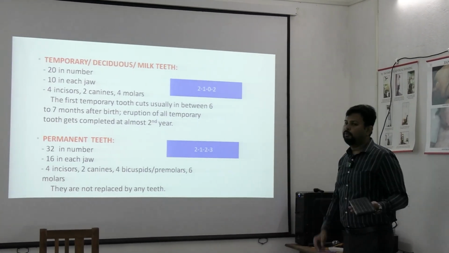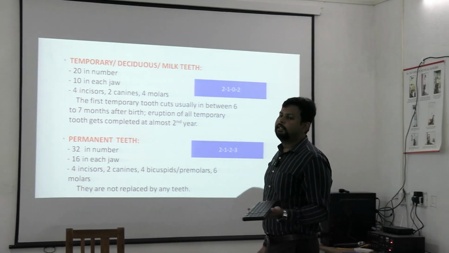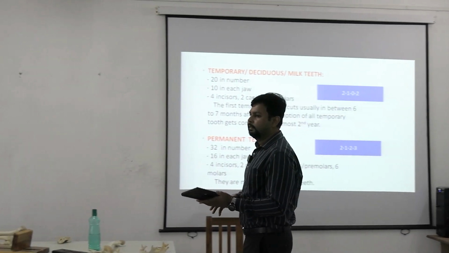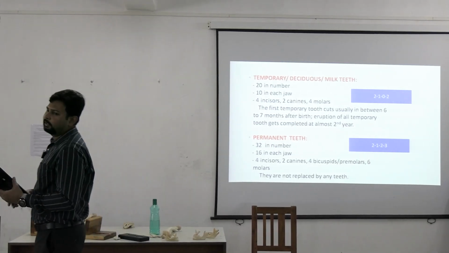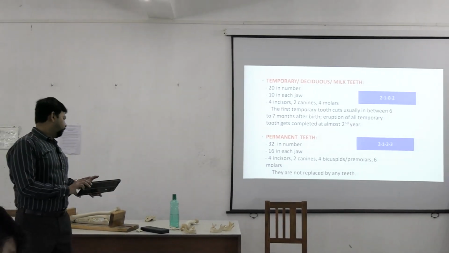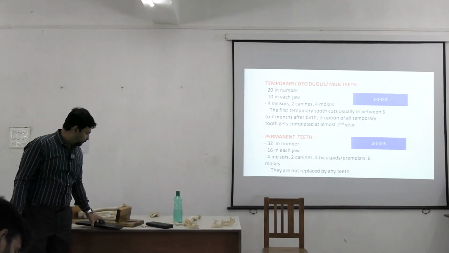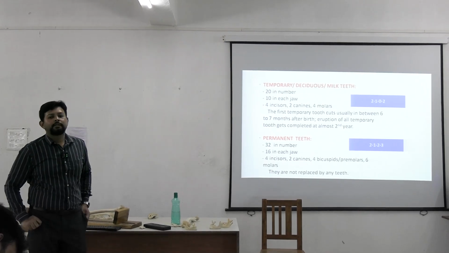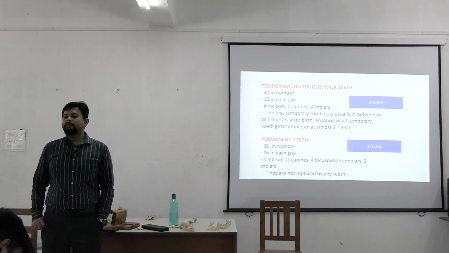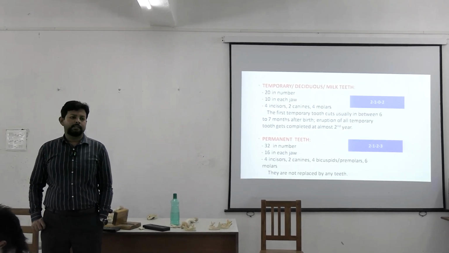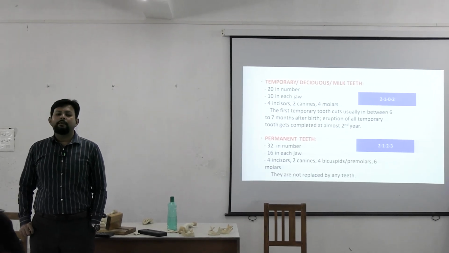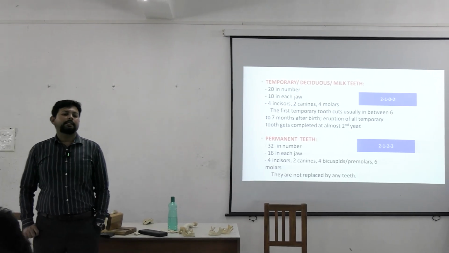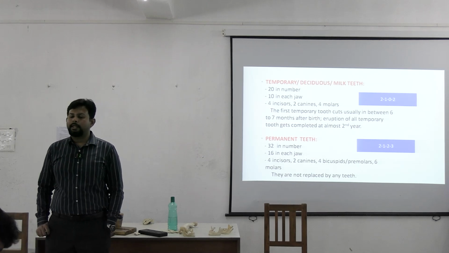Okay. Now coming to the main part, temporary teeth and permanent teeth. Temporary means what? Milk teeth, right? Milk teeth, in children. So normally there are 20 teeth that are temporary or milk teeth, whereas in adults it is 32, right?